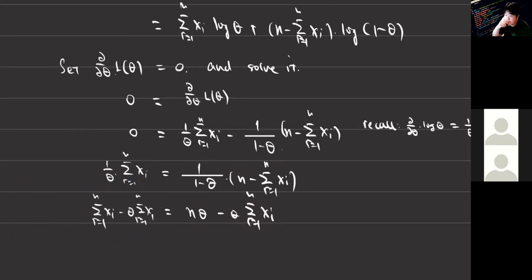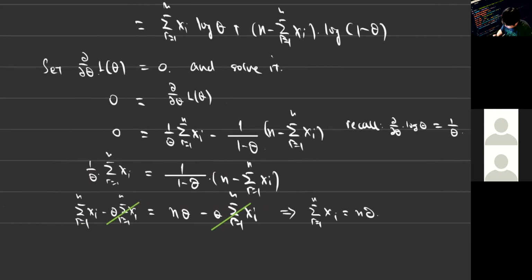Now, as I said, something magical is going to happen. This is going to cancel out, this is going to cancel out, and you're left with summation i from 1 to n of xi equal to n theta.